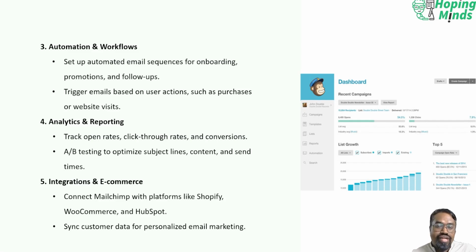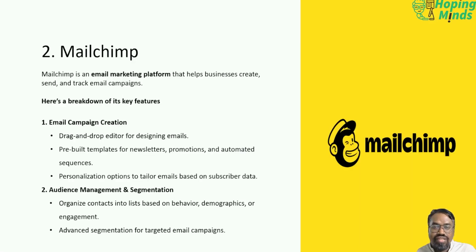It also integrates with different e-commerce platforms like Shopify, WooCommerce, and HubSpot, syncing customer data for personalized email marketing, right? So we need to make sure that we use these key features in this particular software.